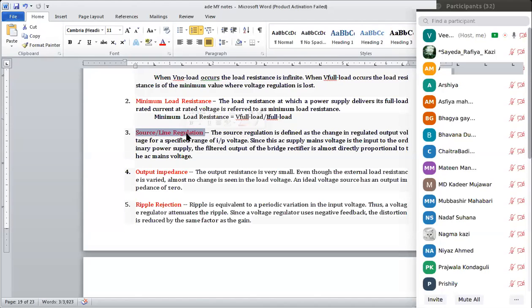That is, the regulation is happening at the output side because of the source. That is why it is source or line regulation.